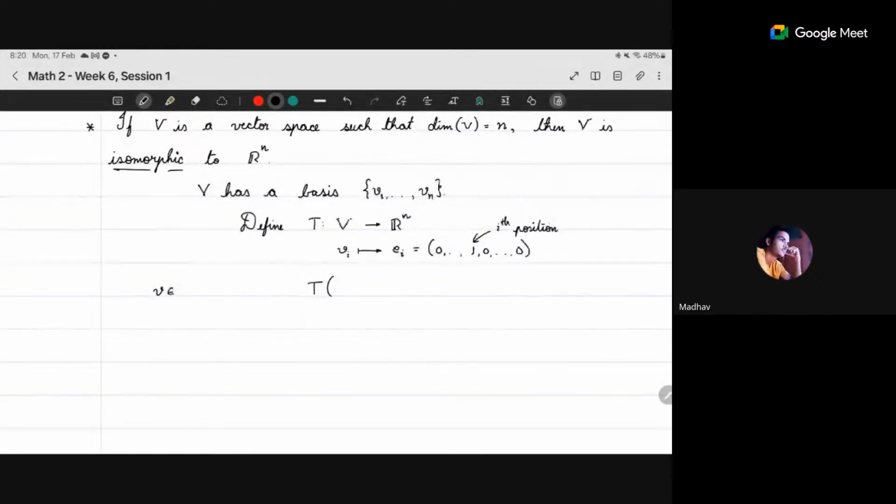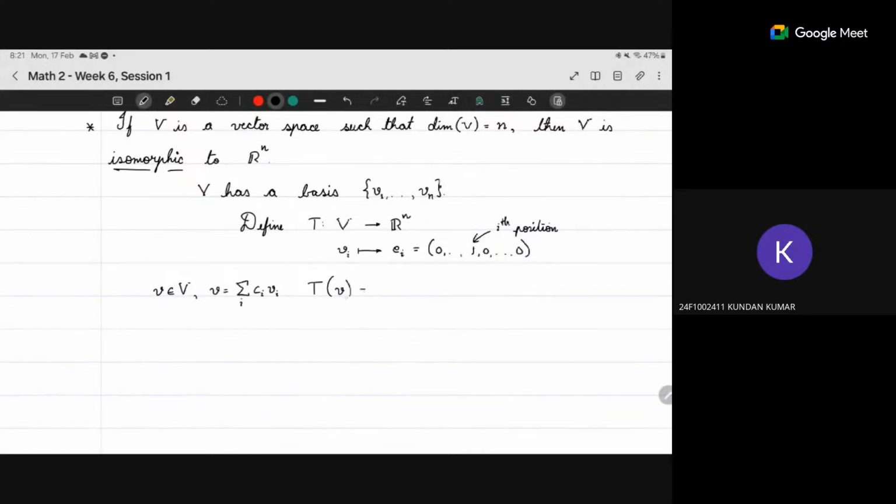Suppose v is in V. Any vector can be written uniquely as the summation of Ci Vi. There are unique Ci's which will give you this because this is a basis. If it is just a spanning set, you can express it as the sum of Ci Vi, but the uniqueness comes from it being a basis.